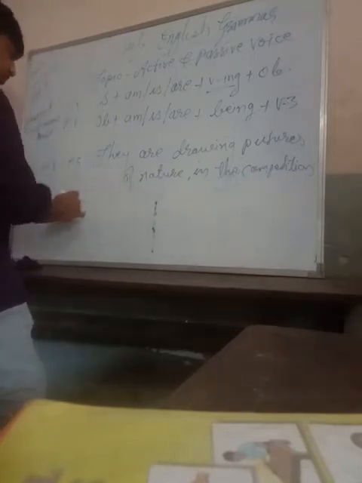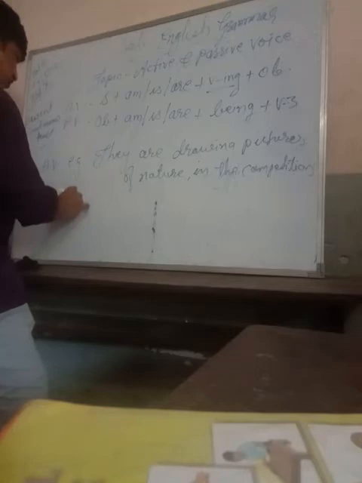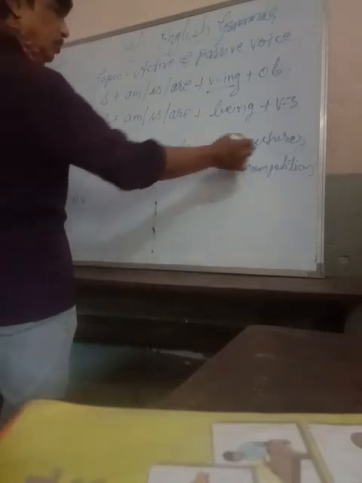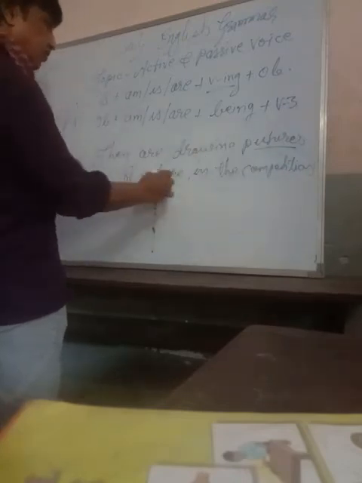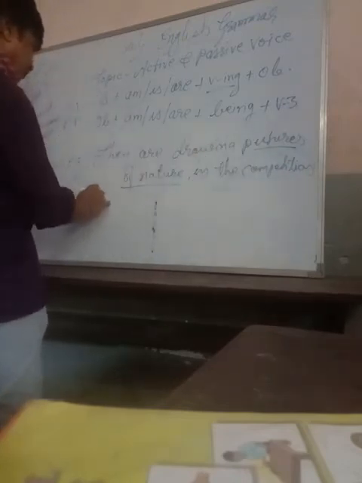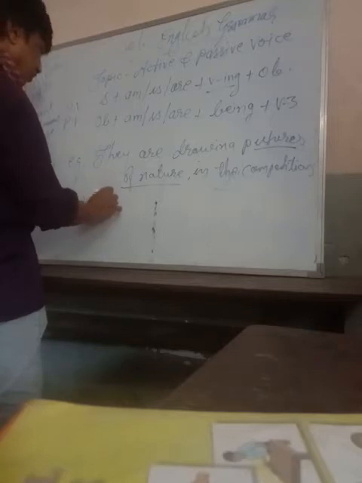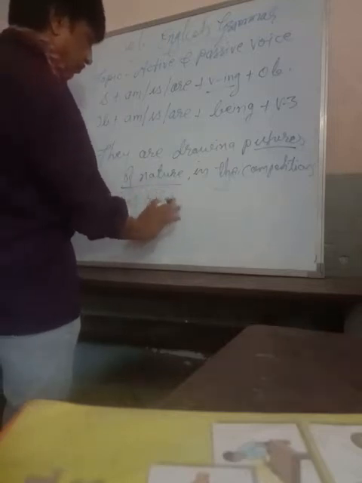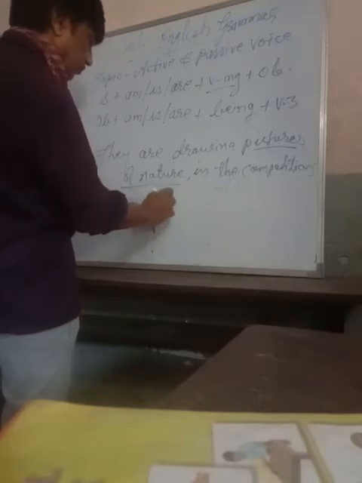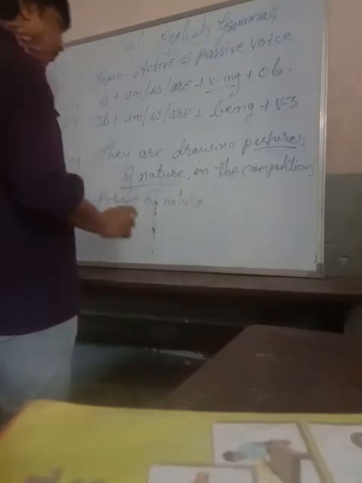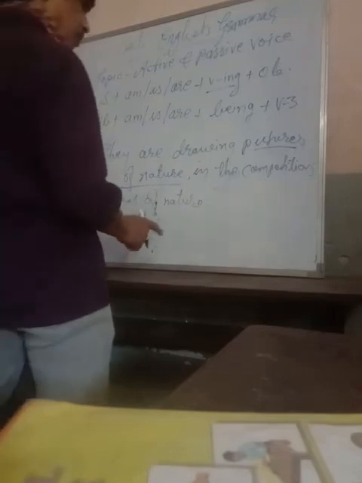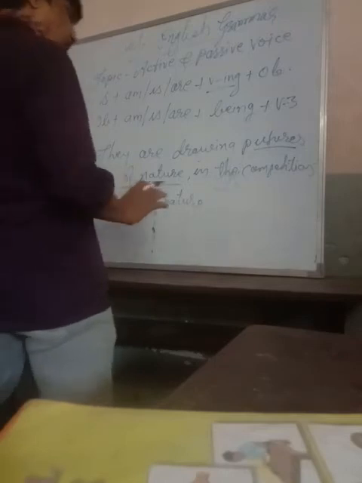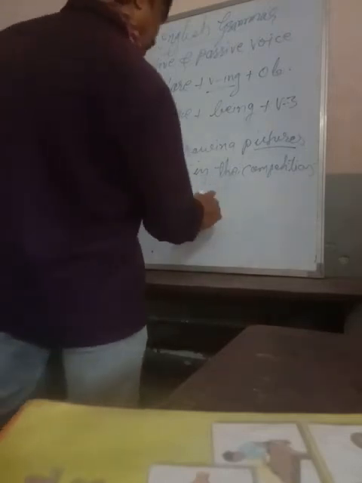It is also an active voice, so we have to change it to the passive voice. Now look here. First of all, we have to take the object, and what is that object? Pictures of nature. Okay, this is an object. Pictures of nature is actually plural, so we have to take "are".